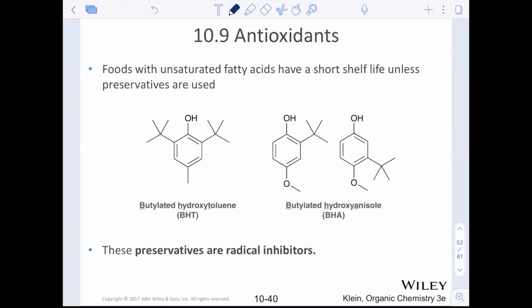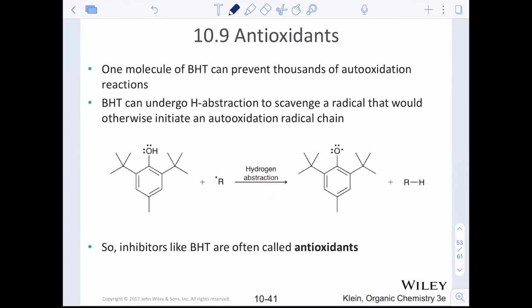Preservatives can also be called radical inhibitors. Now, these preservatives are used primarily to prevent the auto-oxidation reaction. How? Because they themselves can undergo the radical reactions instead of the fatty acid chain.